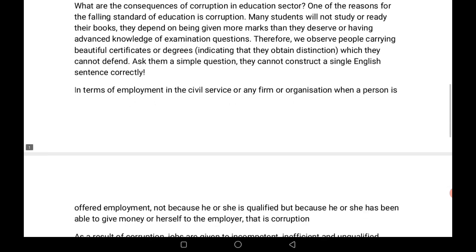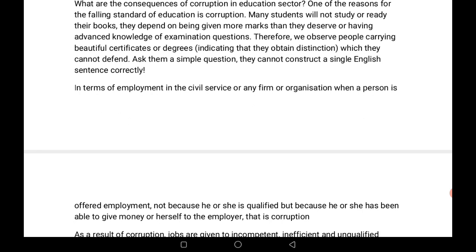Therefore, we observe people carrying beautiful certificates or degrees, indicating that they obtained distinction, which they cannot defend. Ask them a simple question, they cannot construct a single English sentence correctly.